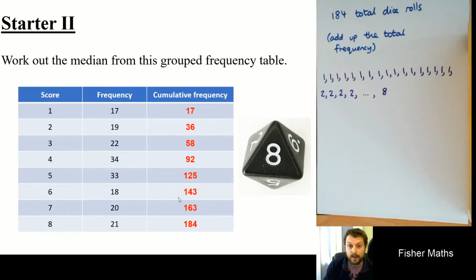There are 163 dice rolls which are 7 or less. There are 143 dice rolls which are 6 or less. These numbers here are telling you how many of those do I have or less. So the 58 means I have 58 numbers which are 3 or less, for example.